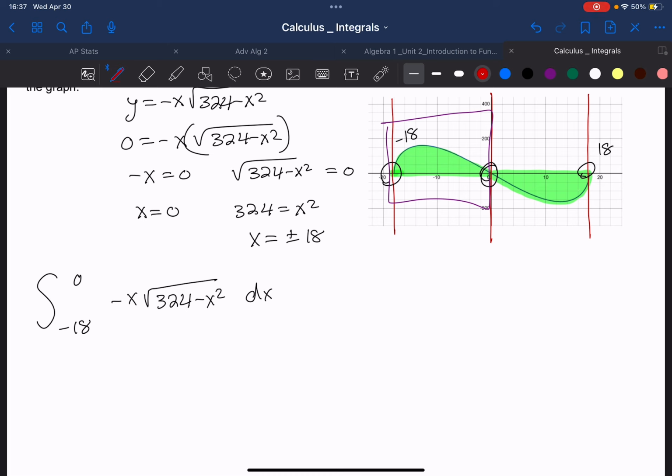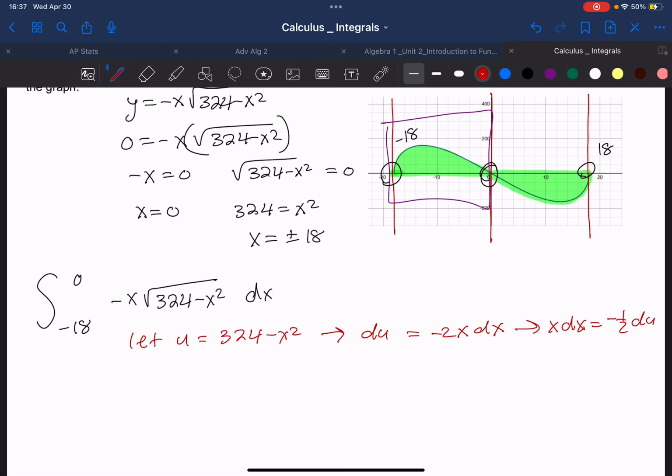And I always let my u equal to whatever is under that radical. So let u equal 324 minus x squared, which means that du, the derivative, is equal to -2x dx, which means that x dx is equal to negative 1/2 du.